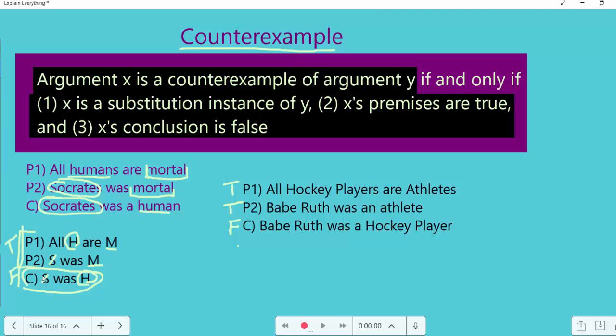And wherever we have the S's, which is what I substituted in for Babe Ruth, I've got Babe Ruth in the exact same place. Wherever we have M's, we have athletes. And wherever we have the H's, we have hockey players. And so this is a substitution instance.